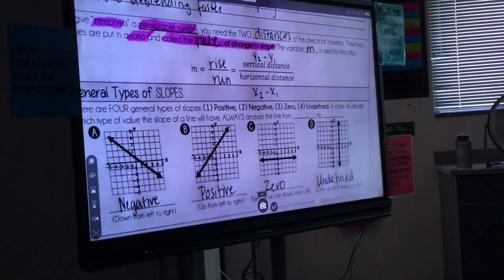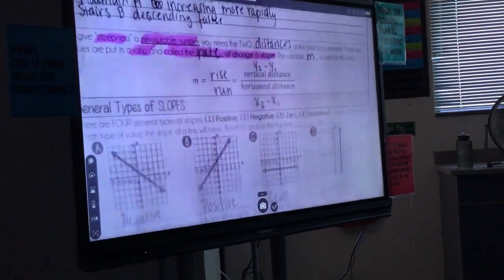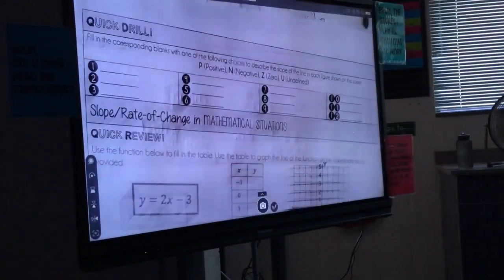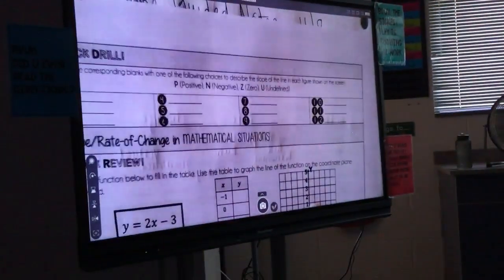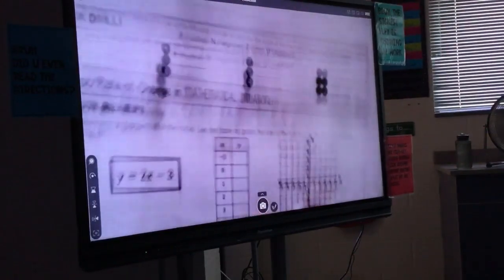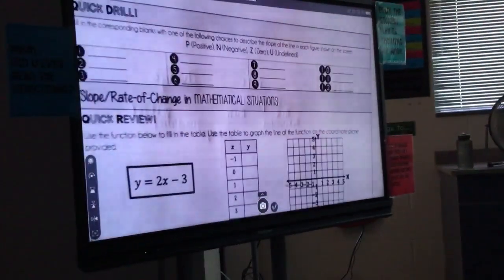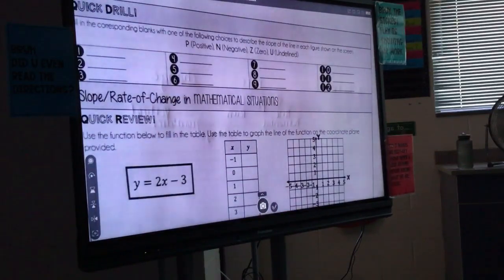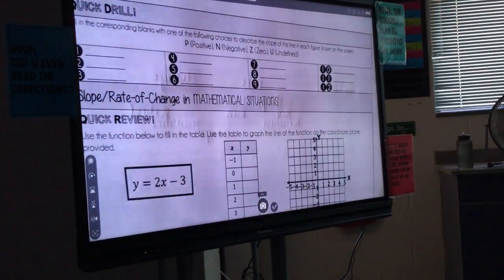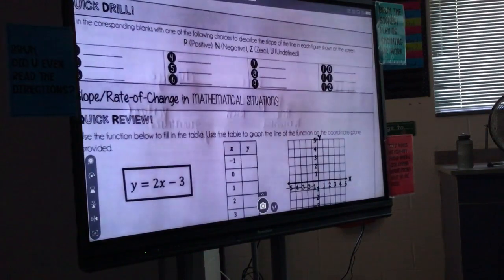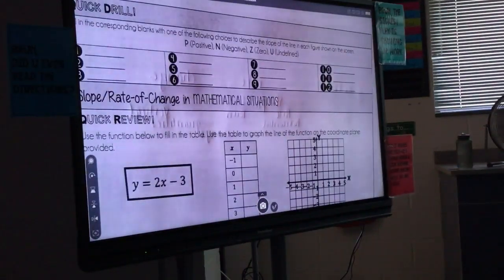All right, flip your paper over. For 1 through 12, I'm going to put up a slideshow real quick, and you're writing P for positive, N for negative, 0. We skipped a part?